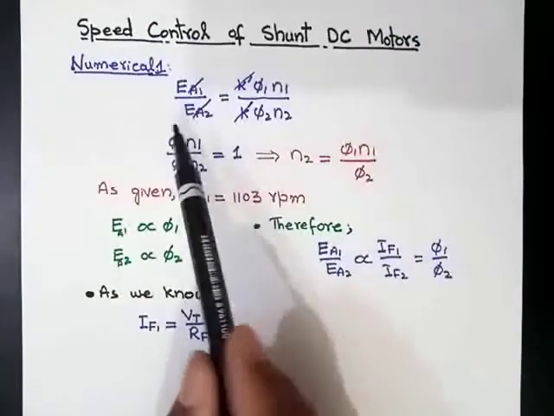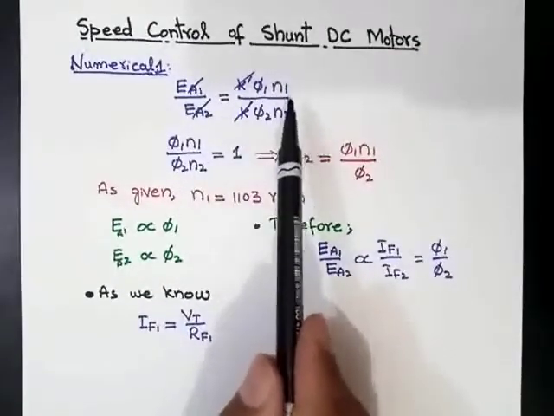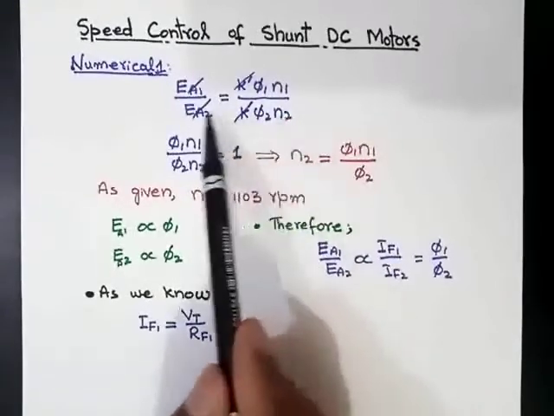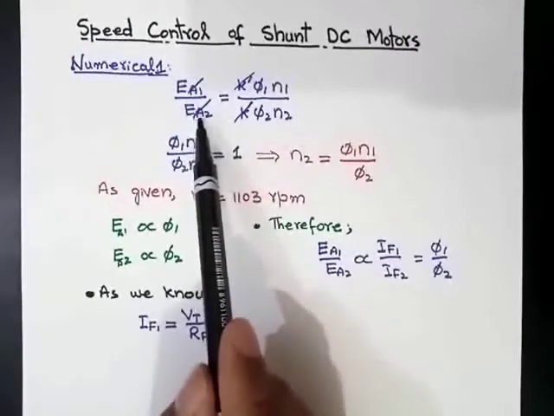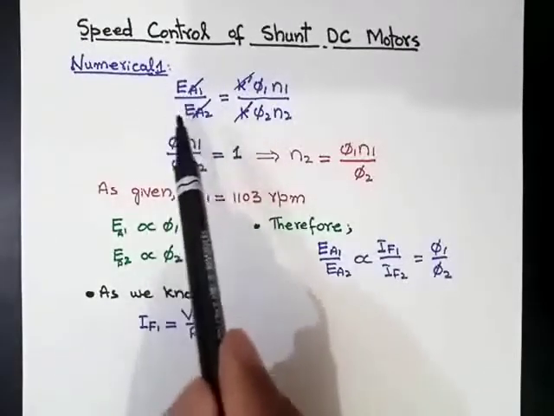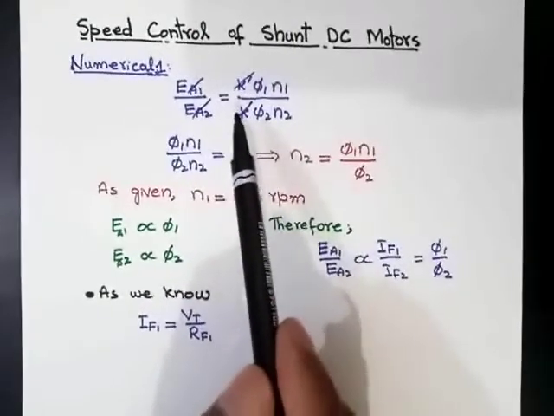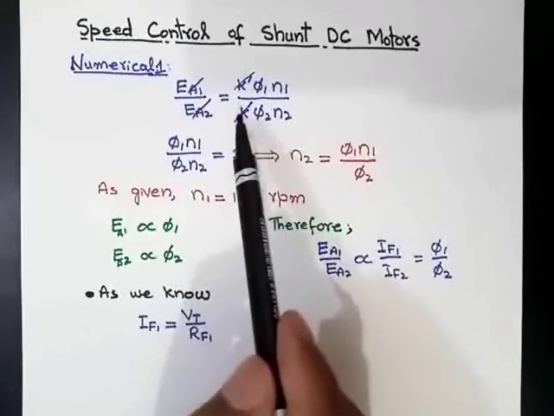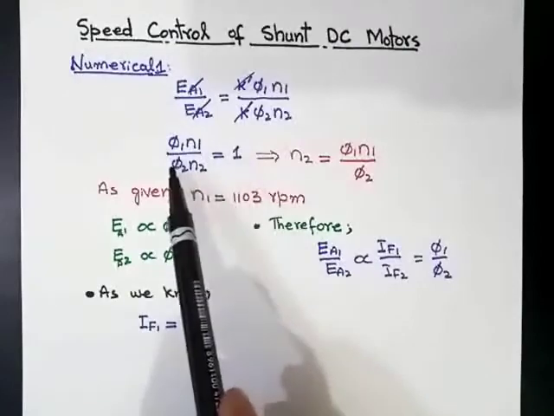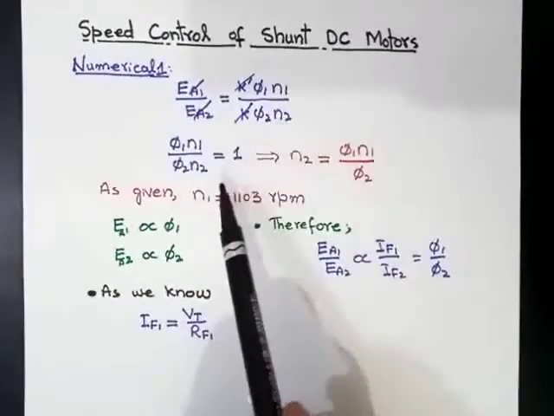Therefore, EA1 over EA2 is equal to K dash flux 1 into N1 over K dash flux 2 into N2. As we have already discussed, the internal generated voltage remains constant. Therefore, EA1 will cancel out EA2, and K dash will cancel out. The remaining equation will be 1 is equal to flux 1 N1 over flux 2 N2.